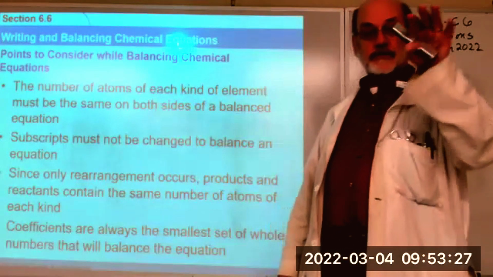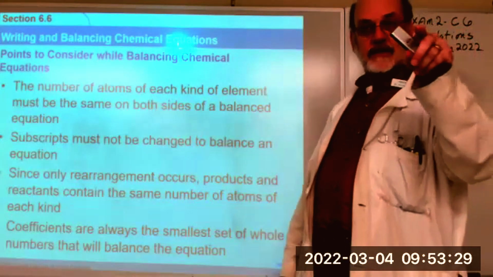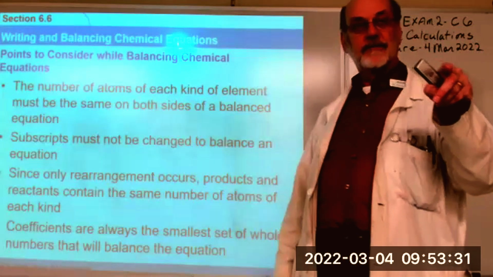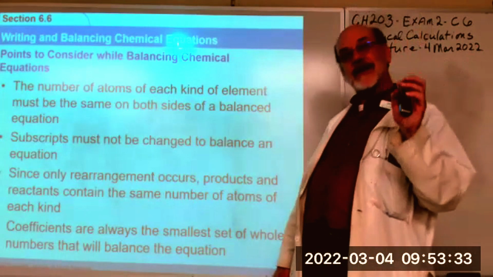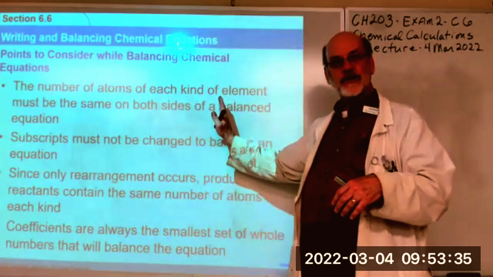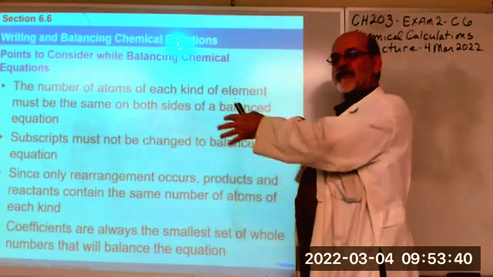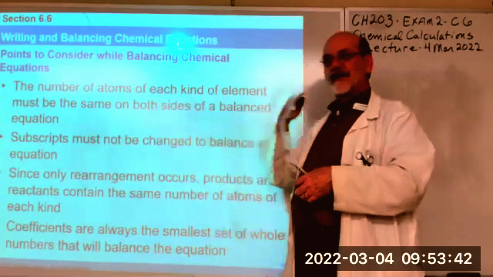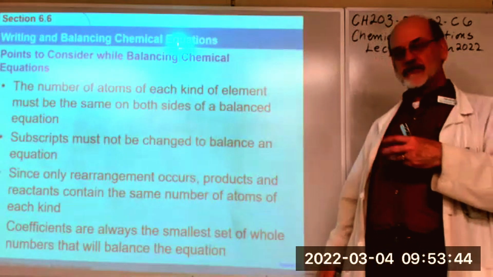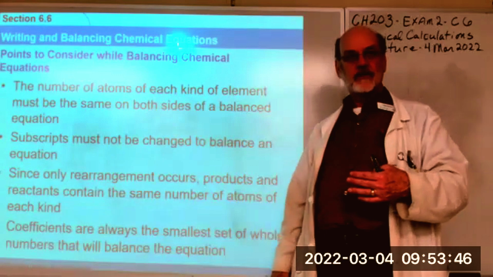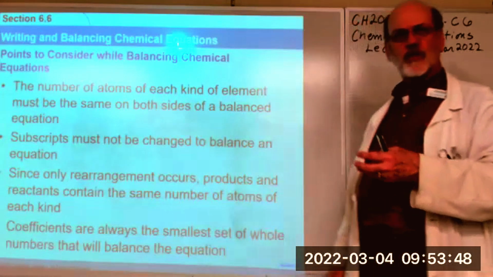Now, one of the tricks for balancing an equation is the fractional trick. Sometimes you can use a fraction as an intermediate step, as a coefficient. And then once it's balanced, you multiply the whole thing through by the denominator of the fraction and get rid of it. And that gives you the whole number ratio. I'll show you one.